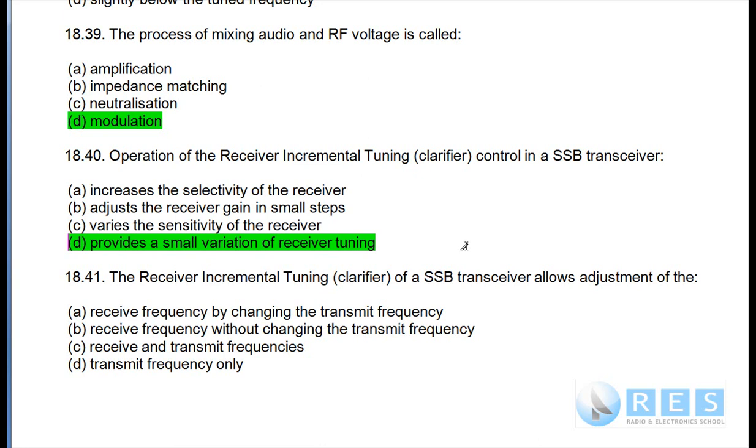The receiver incremental tune, clarifier or RIT, RIT is the preferred word, of an SSB receiver allows adjustments of the receive frequency without changing the transmit frequency.